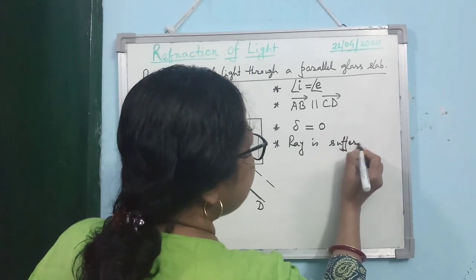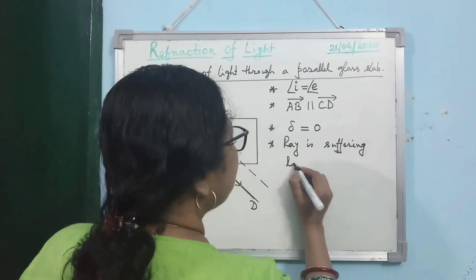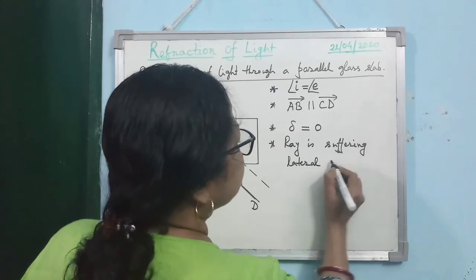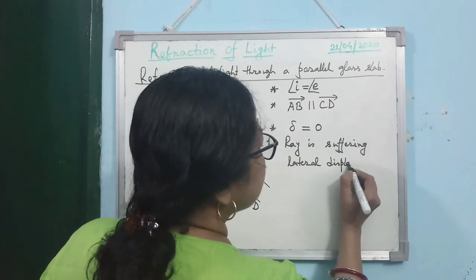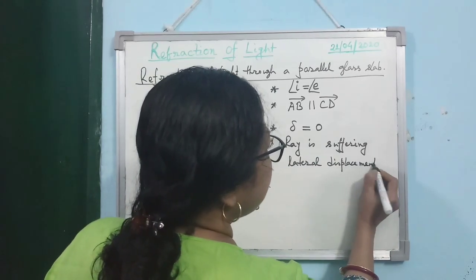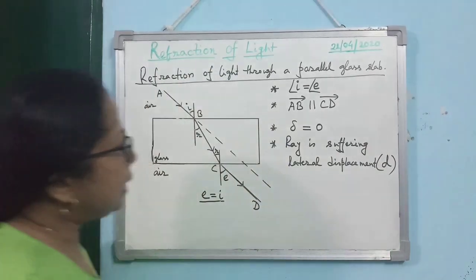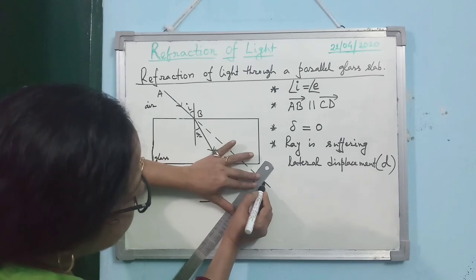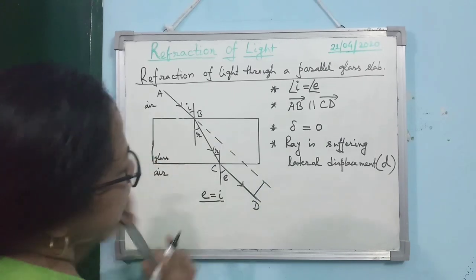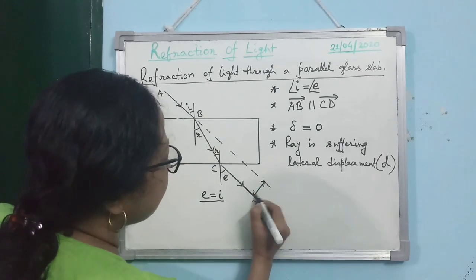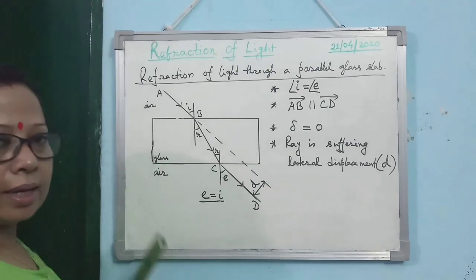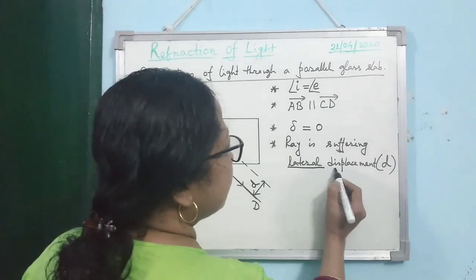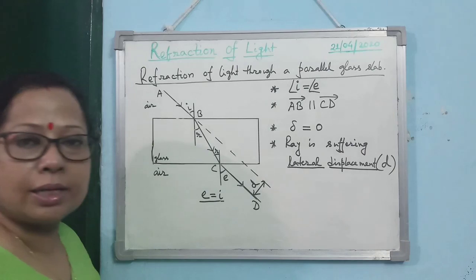How do we measure it? Generally we denote lateral displacement by small d. Lateral displacement is the perpendicular distance between the incident ray and the emergent ray.